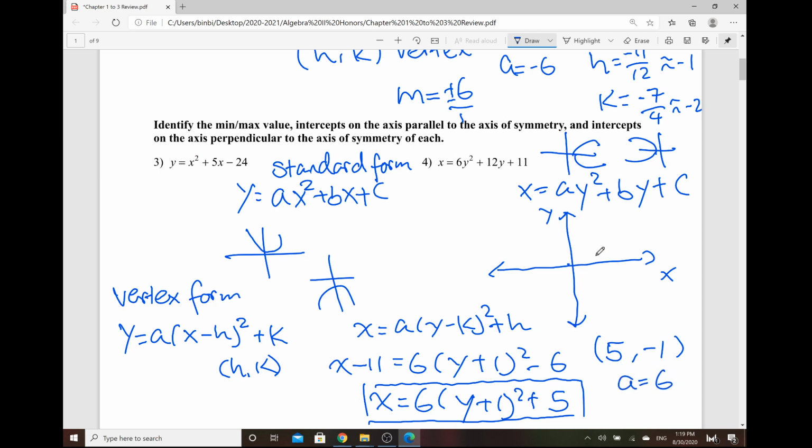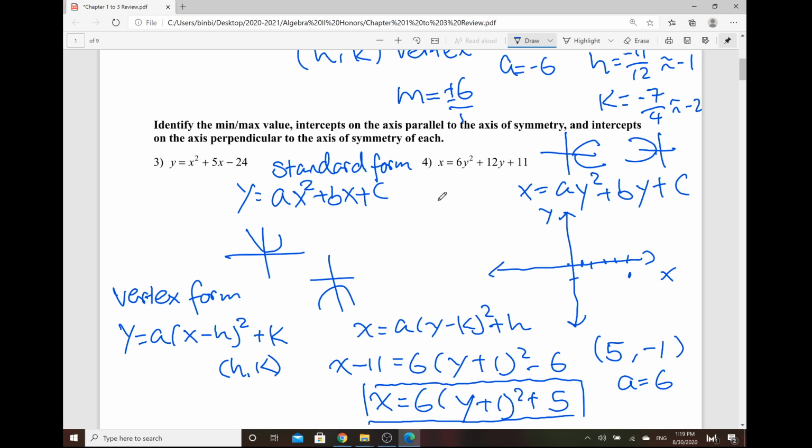So plot the point. So we got 5 comma negative 1. So 1, 2, 3, 4, 5. Negative 1 down here. And you might be wondering which direction the parabola is facing to. So since the value of a is positive, that means the parabola is facing to the right. Another thing we notice, the x-intercept.